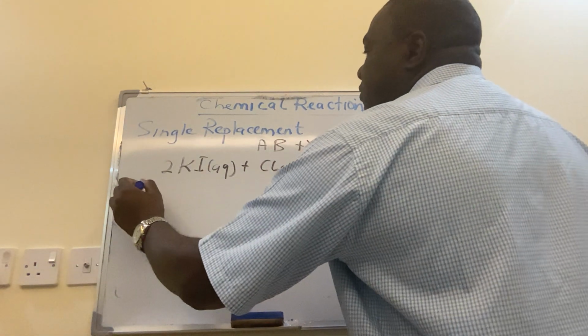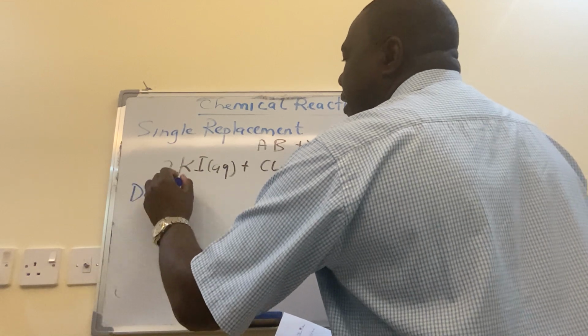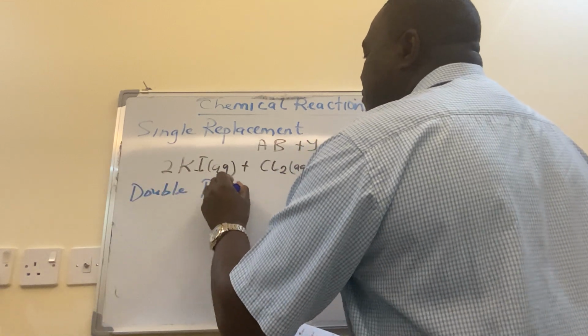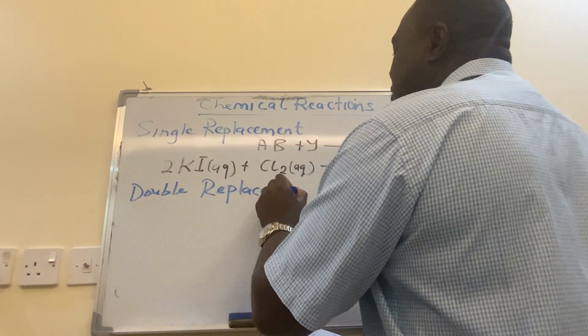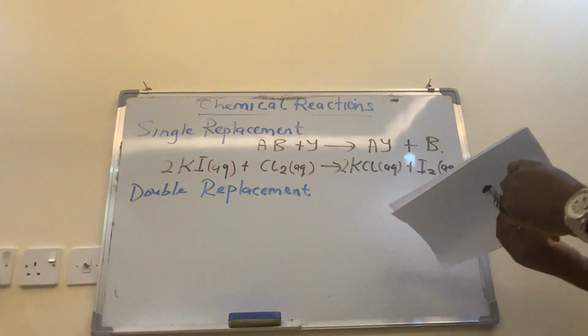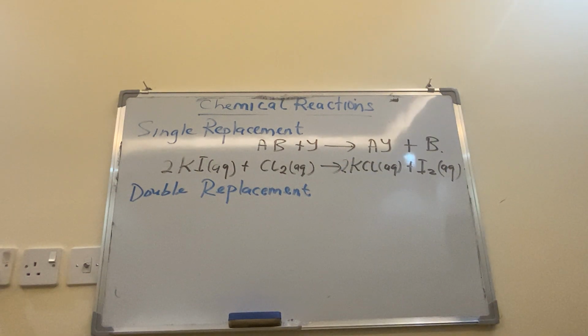okay? We can move on to double replacement. Let's look at an equation that we can do in qualitative analysis. Maybe we want to identify the presence of the copper ion.